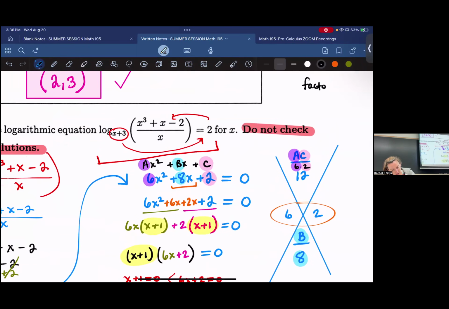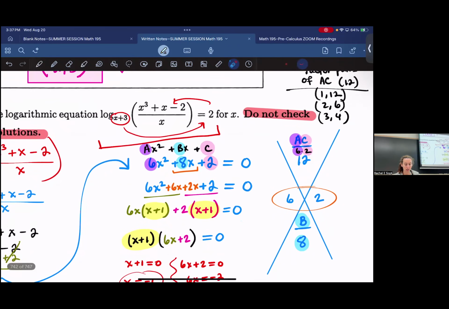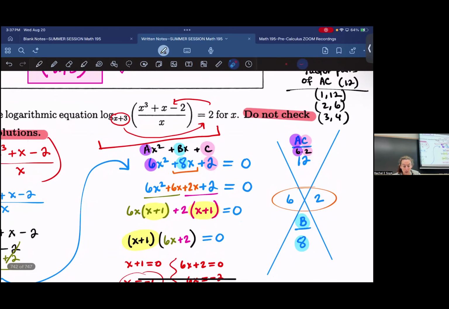Factor pairs of AC, which is 12. We have 1, 12, 2, 6, 3, 4. These are all of them. Obviously, you can manipulate using negatives, but all of our numbers are positive here, so we don't have to worry about that. What are factor pairs of 12 that add to 8?